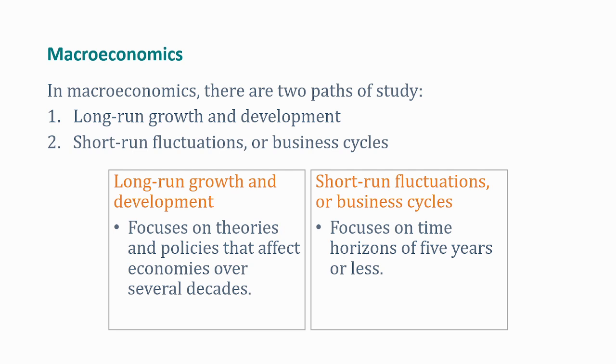You see that in the long run, growth and development, we focus on the theory and policy that affect the economy over several decades, 5 years to 10 years. In the short run, fluctuation or business cycle that we study, in general we just study over 5 years or less.